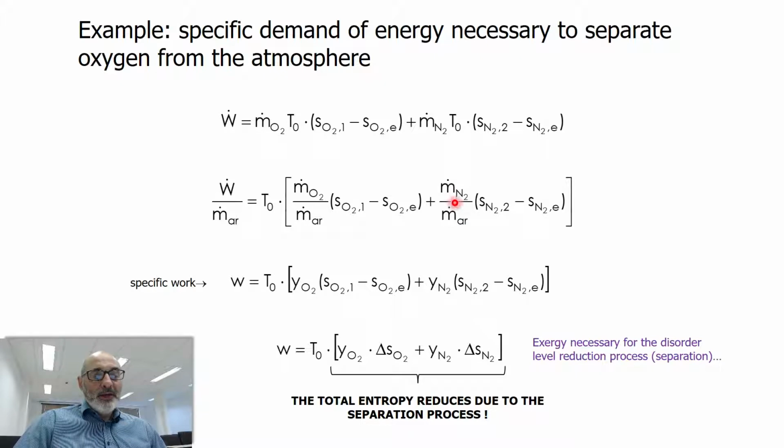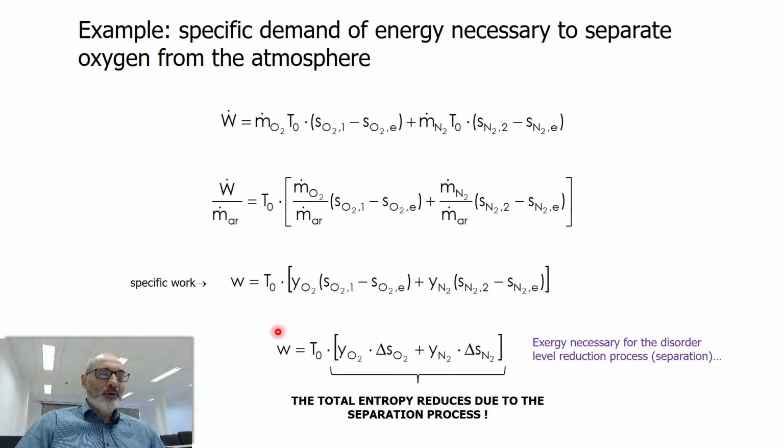And this is exactly the definition of the concentrations that we had before. So MO2 divided by total flow rate is O2's concentration, and here, the concentration of nitrogen.